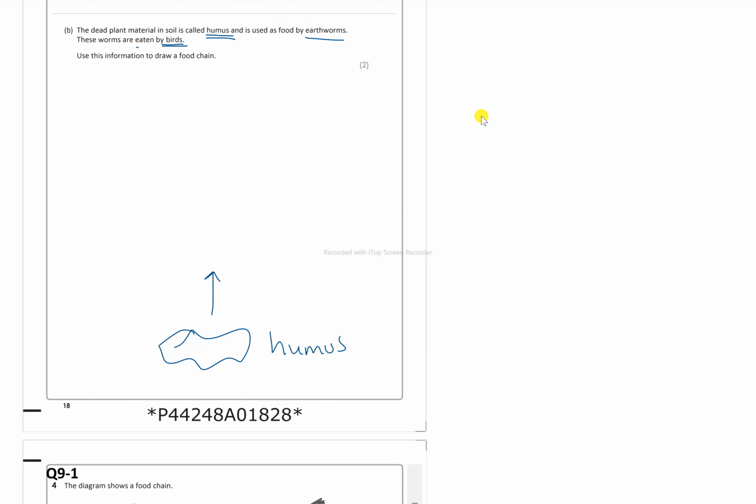Then you've got the up arrow pointing to earthworms.